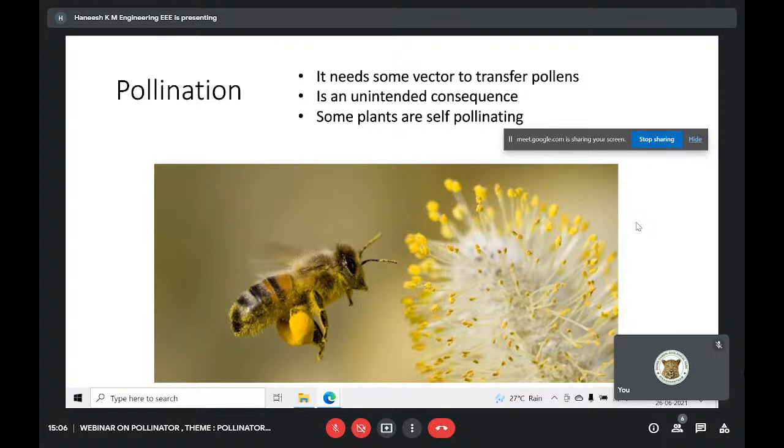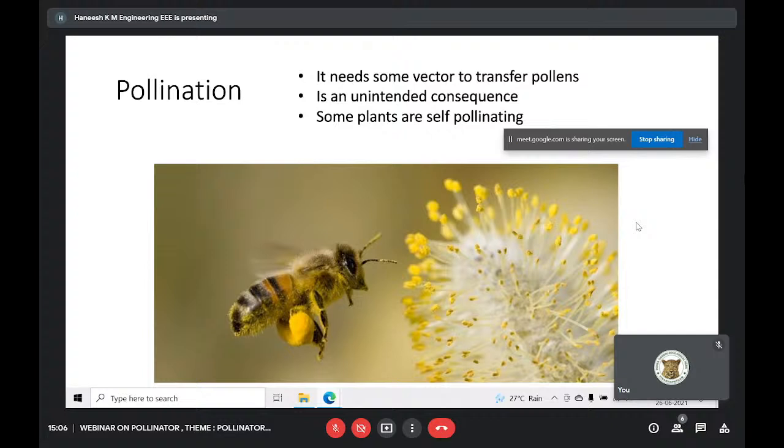In biological terms, we usually call them vectors. You need vectors to transfer the pollens to the stigma. If the pollination is from the same plant or the same flower, the genetic quality will be less, as it is like inbreeding.